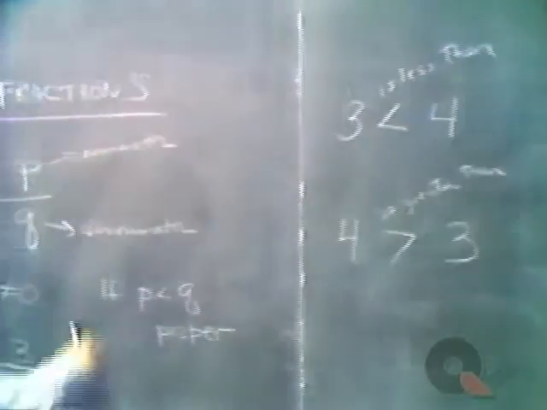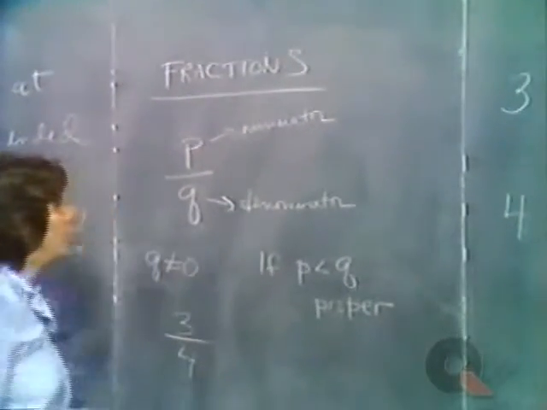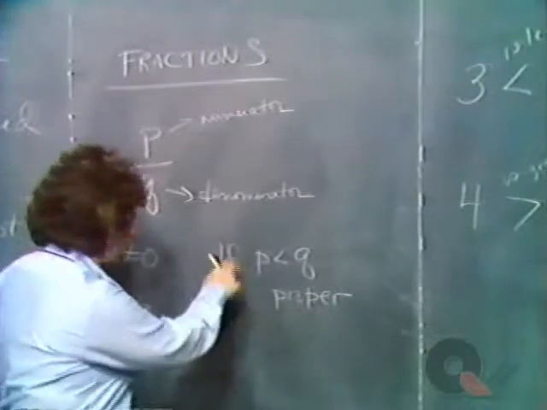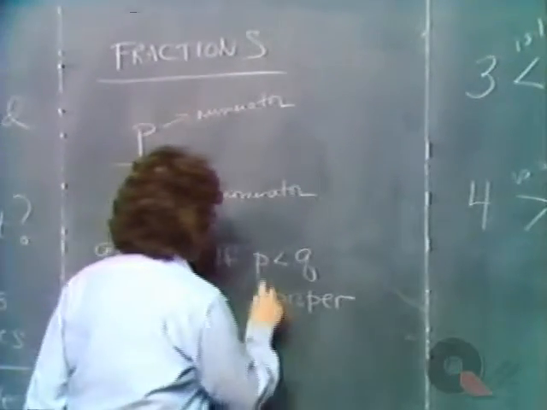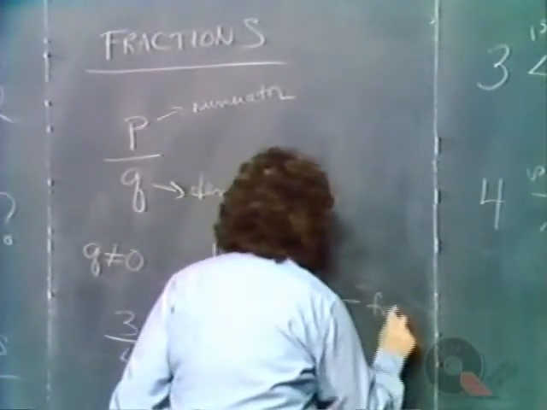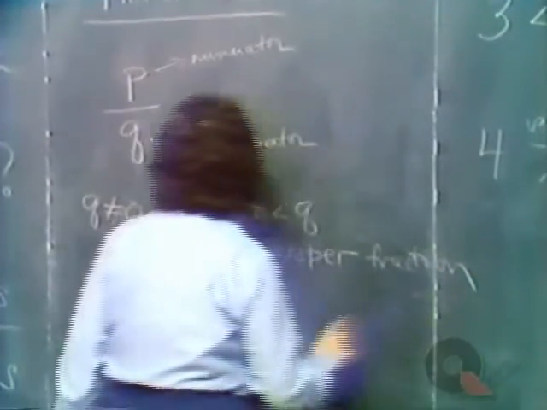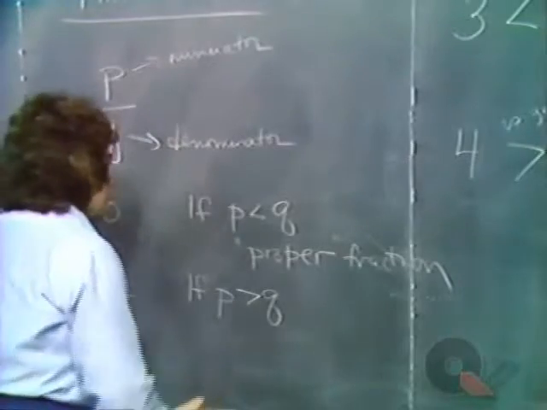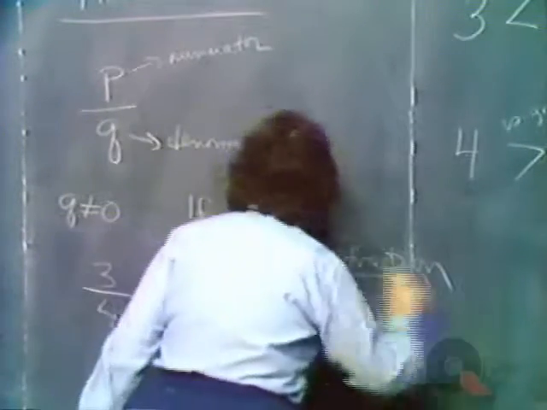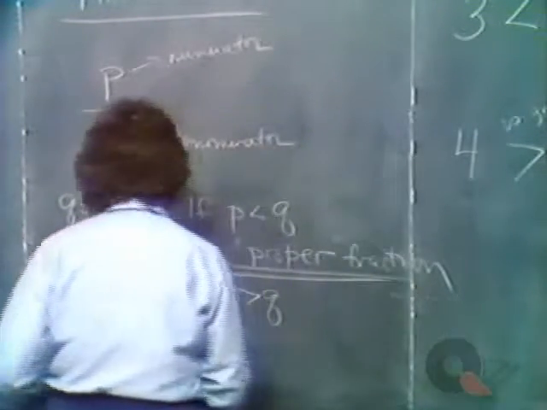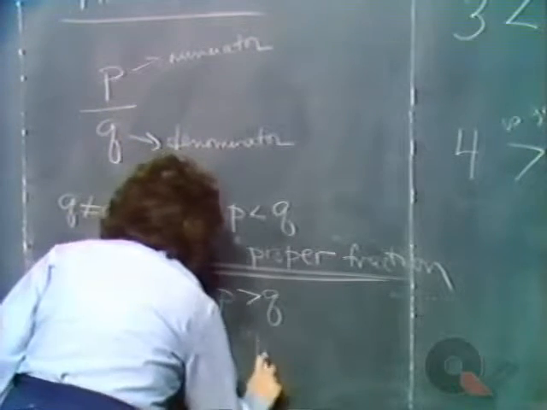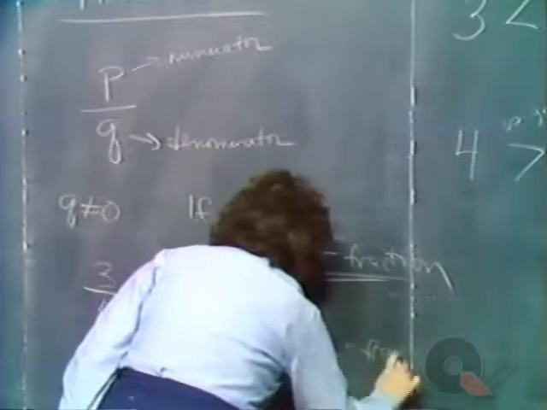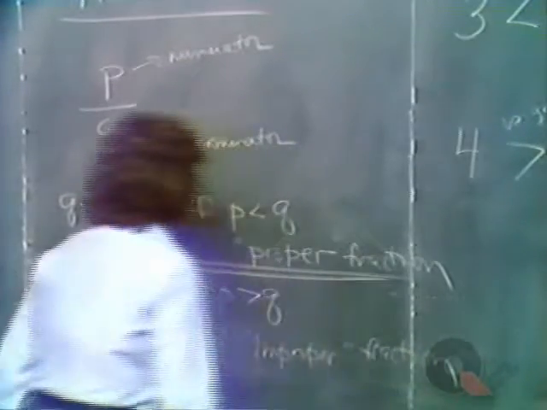Okay, so if P is less than Q, if the number on the top is less than the number on the bottom, we call it a proper fraction. If P is greater than Q, it's called an improper fraction, but still a fraction.